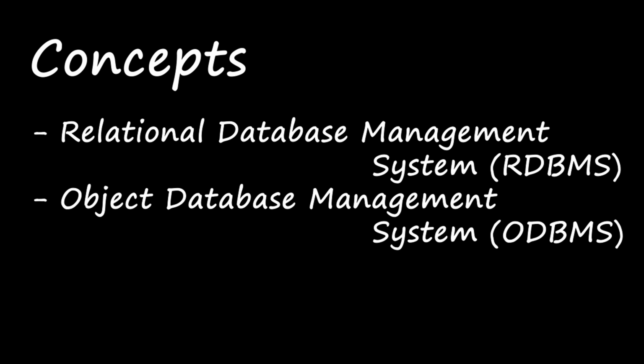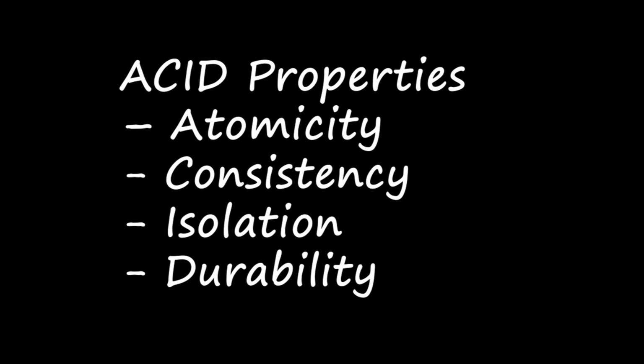First one is ACID properties. ACID is the abbreviation: A for atomicity, C for consistency, I for isolation, and D for durability. So it is ACID: atomicity, consistency, isolation, and durability.